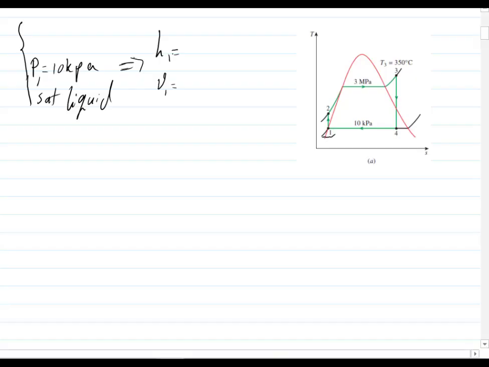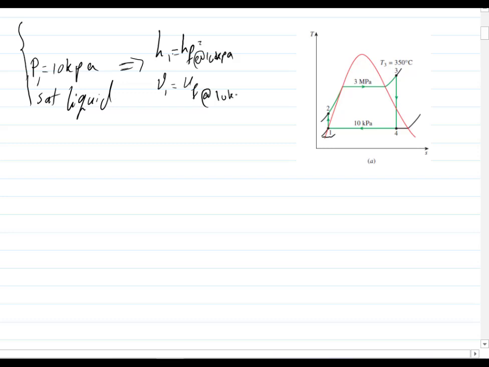Okay, now we went to table A4 and we found the values for H1 and V1. For the pressure of 10 kilopascal, we have the enthalpy and specific volume for saturated liquid.